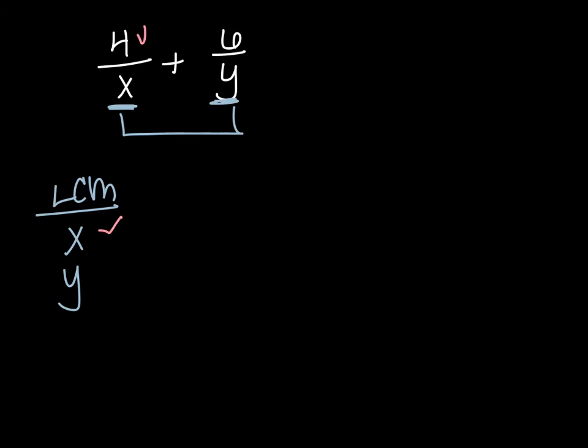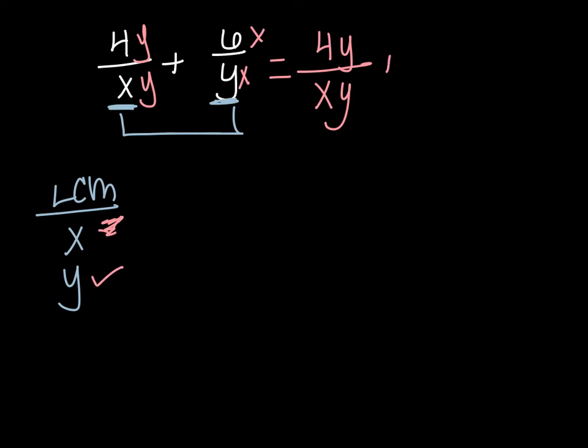I'm missing a y. So I need a y top and bottom. When I do that, I get 4y over xy. The second term, I have a y, which means I'm missing an x, so I need an x top and bottom. And when I do that, I get 6x over xy.